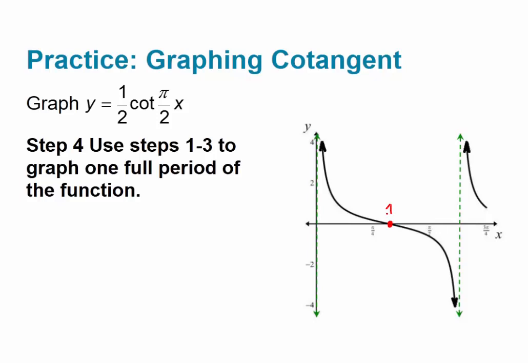We said that was 1, this was 2, this was 1/2, this was 1 1/2. And then we also need to include these values here because this was another one of our key points. And those were happening at 1/2. So we need to make sure we label those on our graph as well.